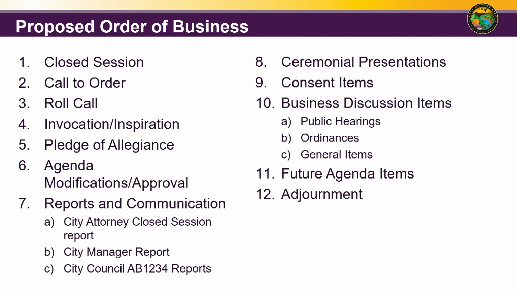One of them is the opportunity for agenda modification approval at the beginning of the agenda, in case you want to move things around. And then we have future agenda items. Those are our two new types of agenda items. Other than that, it's just a rearrangement. So if council is happy with that, we can adopt the resolution, or if you have any changes, I'll be happy to hear them.